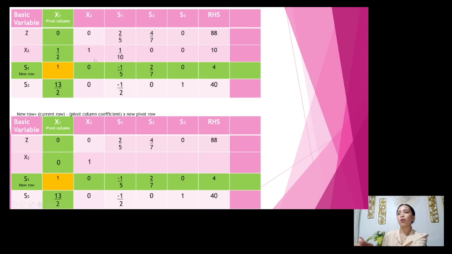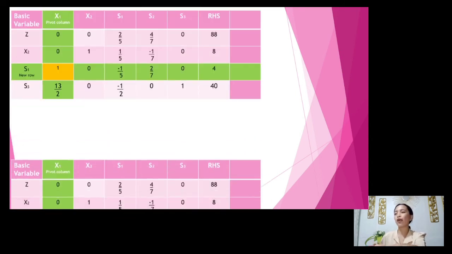Then 1 over 10 minus 1 half multiplied by negative 1 over 5 is positive 1 over 5. Next is 0 minus 1 half times 2 over 7, which is negative 1 over 7. Then this will be 0. Then 10 minus 1 half times 4 is 8.